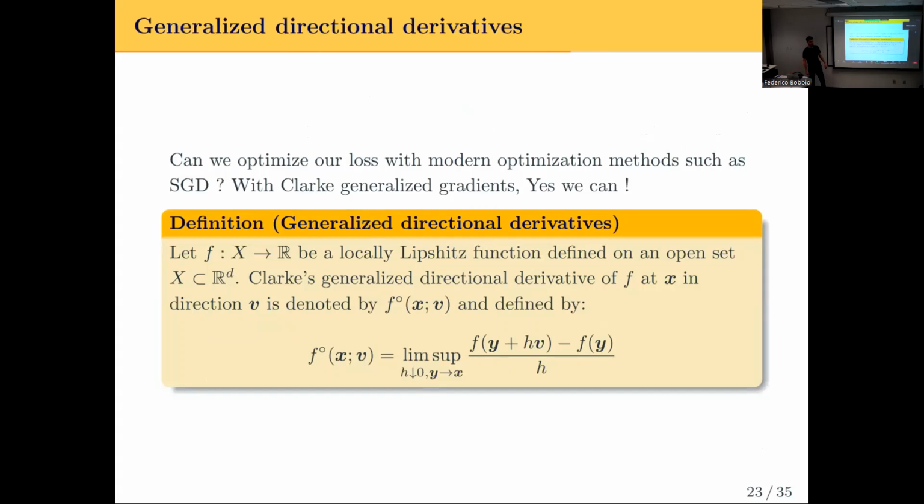But I cannot, because in the case of unbalanced OT, I am not differentiable. So what I used instead is a new notion of regularity, which is the Clarke generalized gradients. So Clarke was a Quebecois mathematician, and he developed this new regularity for a locally Lipschitz function.